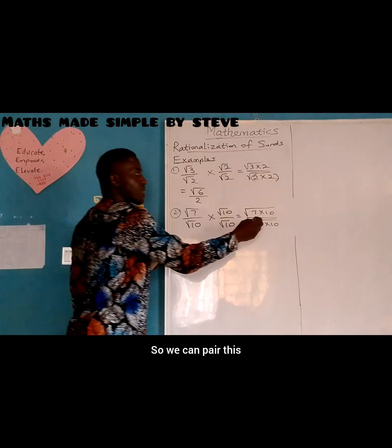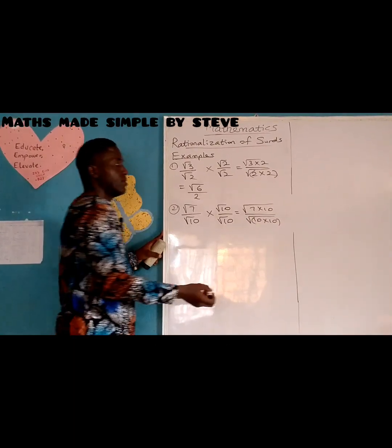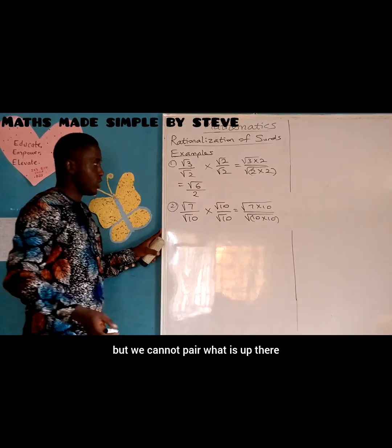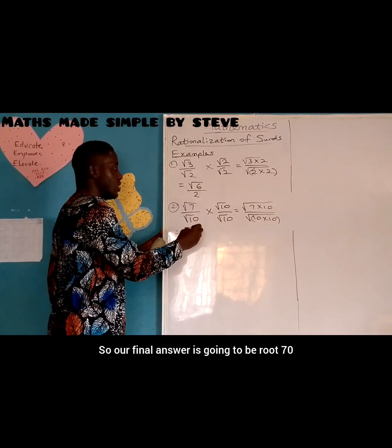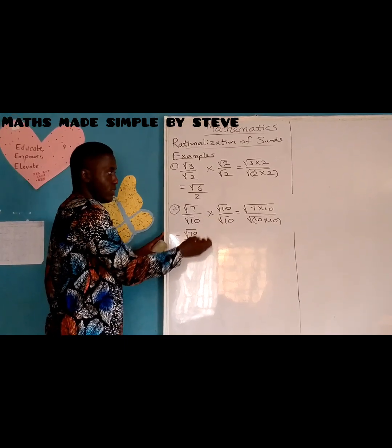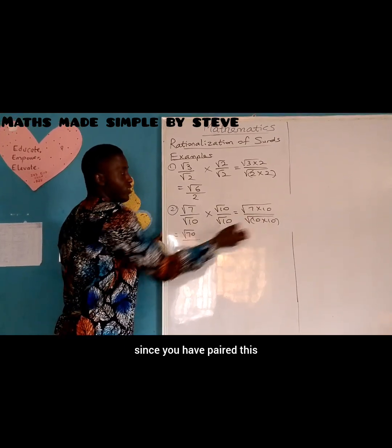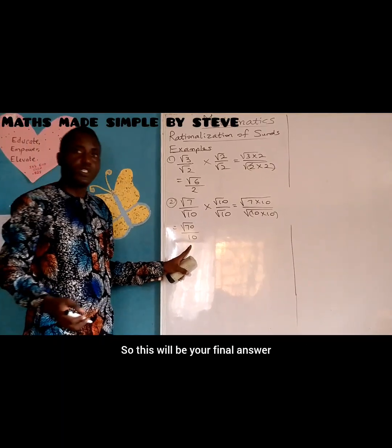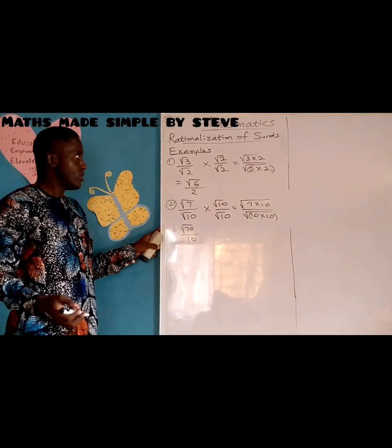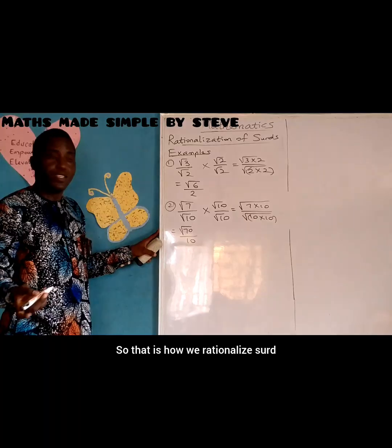So we can pair this, but we cannot pair what is up there. So our final answer is going to be root 70 over, since you have paired this, you take one out, and there will be nothing under the square root again. So this will be your final answer. So that is how we rationalize surds.